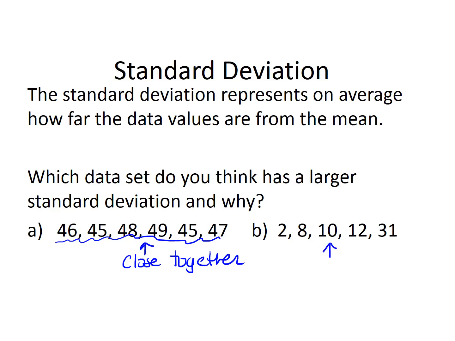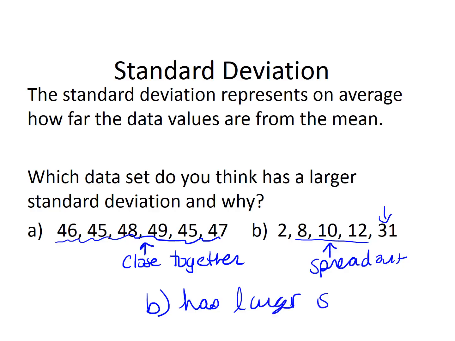In the other set, a few are close together, but these are more spread out because we have this 31. So data set B should have the larger standard deviation. The larger the standard deviation, the higher the average distance of each data value from the mean, so the more spread apart they are.